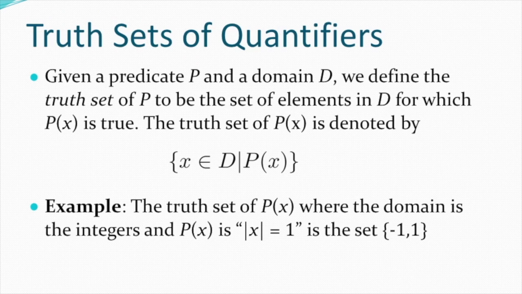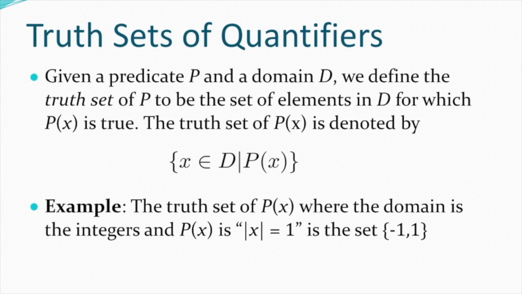Here we are talking about P(x) as a function that should be true in terms of logic. So the truth set of P(x) is denoted by the set of x that are elements of D where it satisfies the function P(x), or it is a true value when the function P(x) exists.